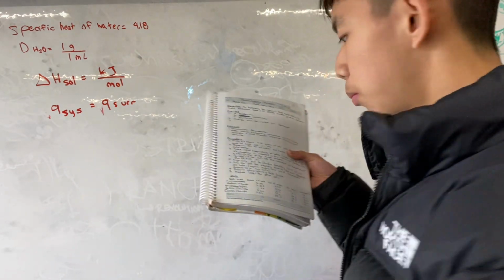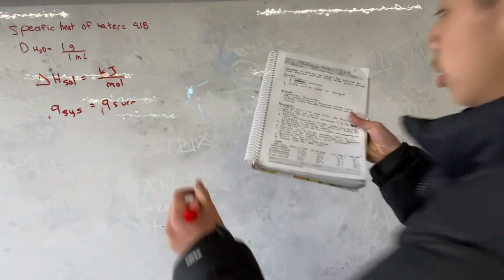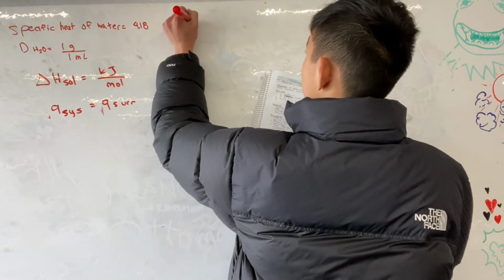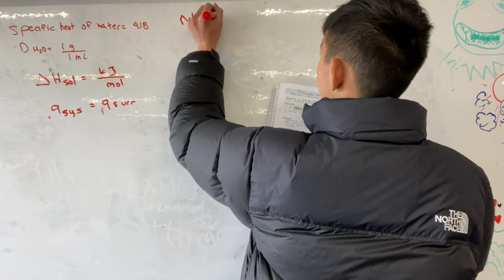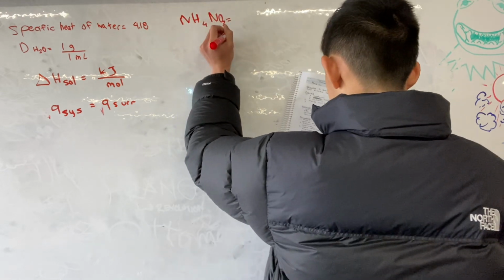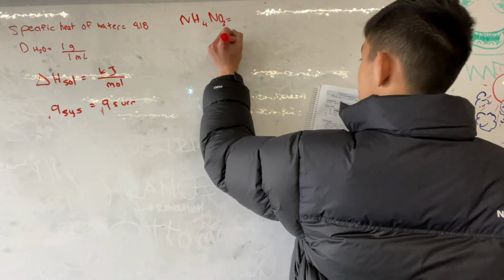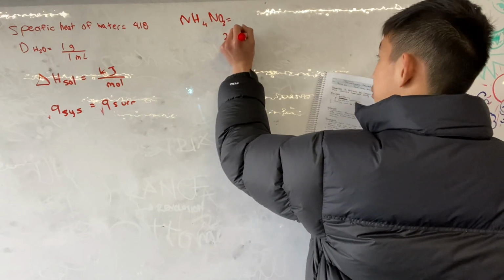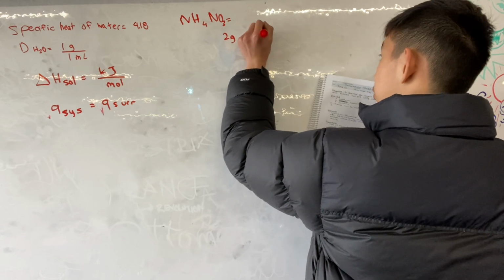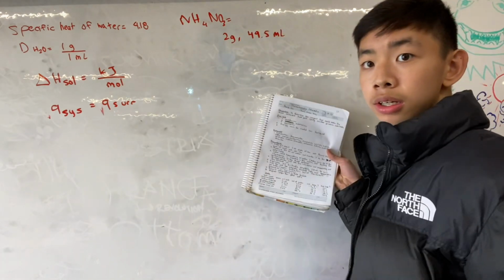So I'm gonna use ammonium nitrate, NH4NO3. My mass was 2 grams. The volume of water was 49.5 milliliters.